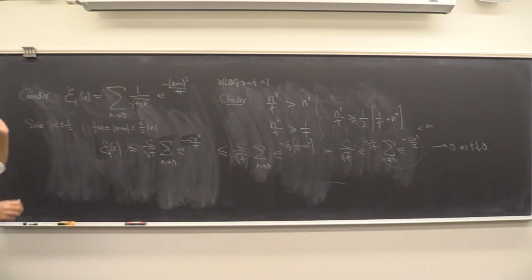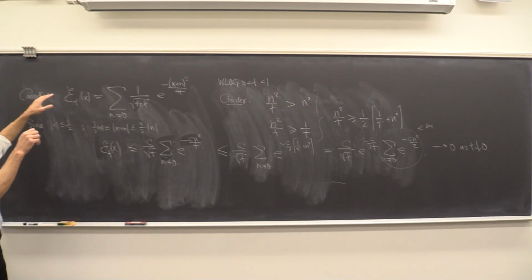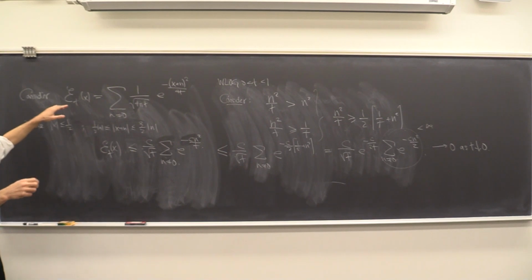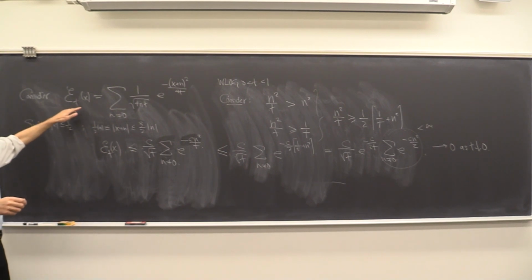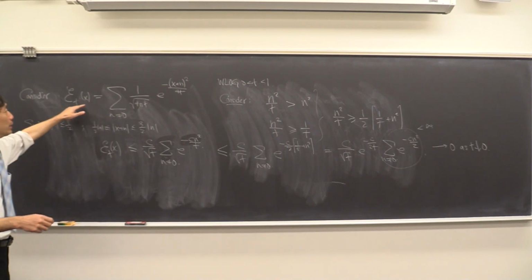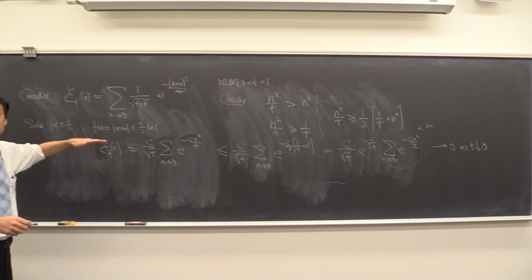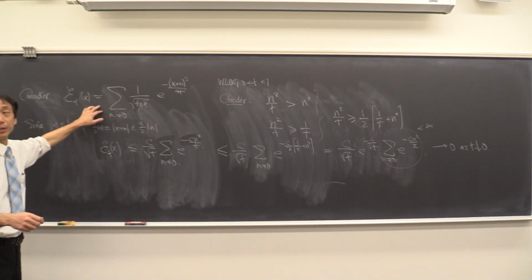So this is the error term. We wanted to show that the heat kernel on the circle was a good kernel, and we said the heat kernel on the circle is the heat kernel on the line plus this error term. The heat kernel on the line is already a good kernel, so we just want to show that this vanishes as t goes to 0.